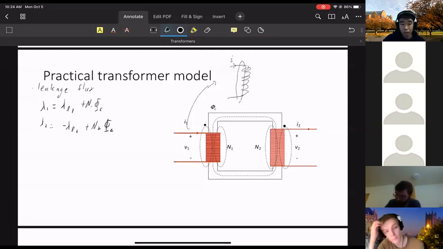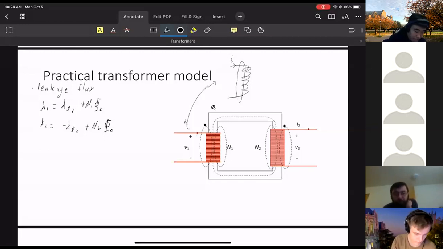So what this shows up, it shows up something that's in series. Okay? Because if you draw this model, if you look at the voltage, right? The voltage depends on two things now. It depends on the time derivative of the flux. This is Faraday's law, right?